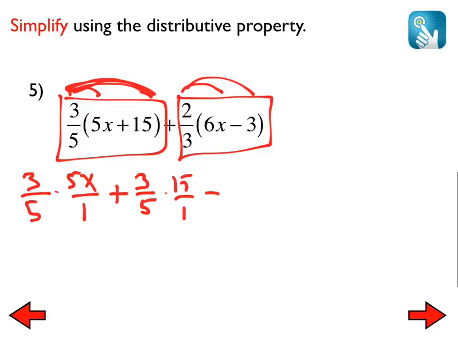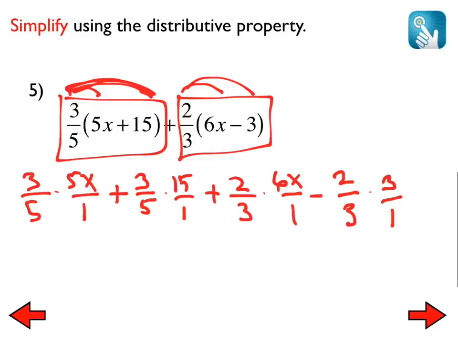Good. And then plus 2/3 times 6x, don't forget the x, over 1, minus... very good. Okay, this is what you all should have right now.